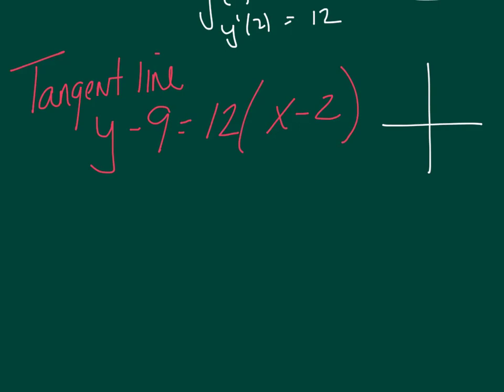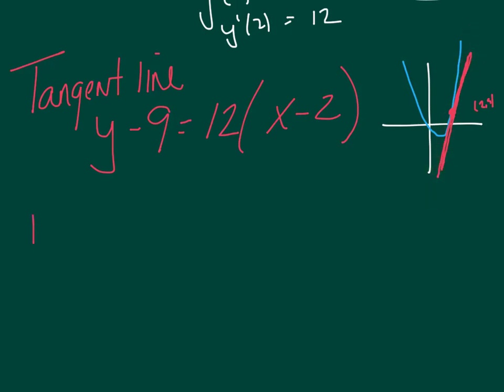Basically, I want you to picture this upward facing parabola, and at 2, I have a slope of 12. So let's say here's my point, 2, 9. I have a slope of 12, so hopefully I have a pretty steep looking slope. Now, of course, this picture was not drawn to scale. I did not plot any points, but I just want the idea in your head of what we're doing. We're saying at 2, we have a tangent line here that has a slope of 12.